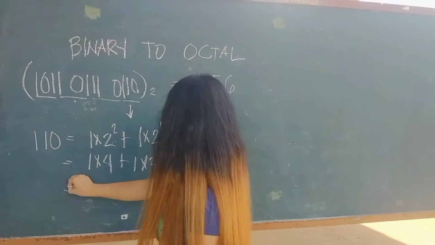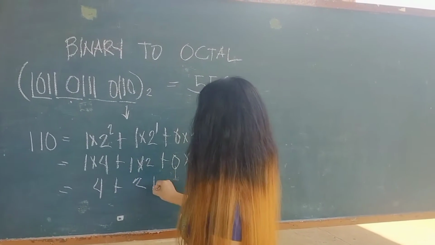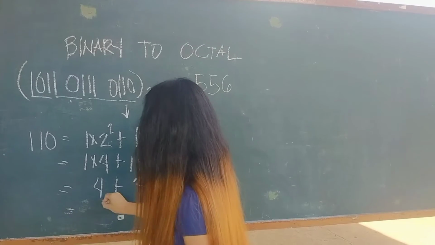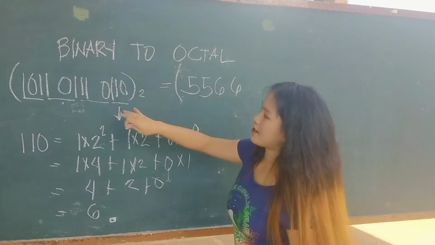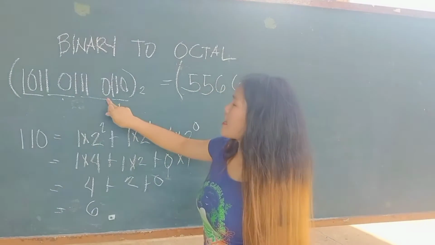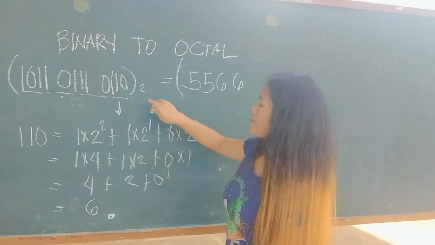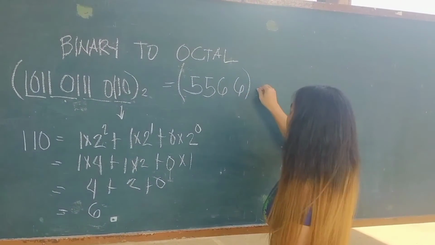So therefore the answer is 4 plus 2 plus 0 equals 6. So therefore the answer from binary 1011011101110 with a base of 2 is equal to 5566 with a base of 8.